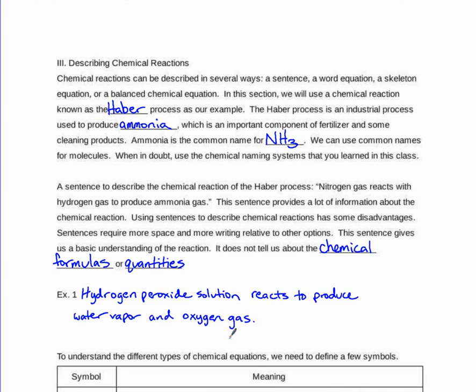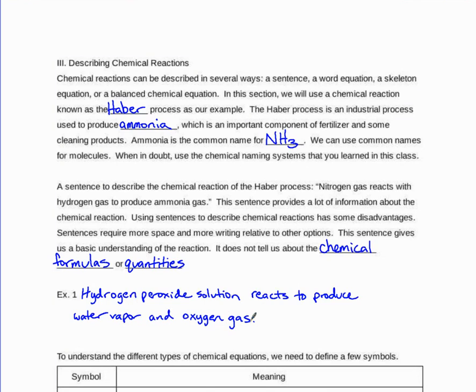This is a specific type of chemical reaction. In the future, you'll be able to identify what type it is just based on the information we have. As a side note, water vapor and oxygen gas. Water vapor is really steam or any type of water that's a gas. So why is it called vapor if it's a gas?